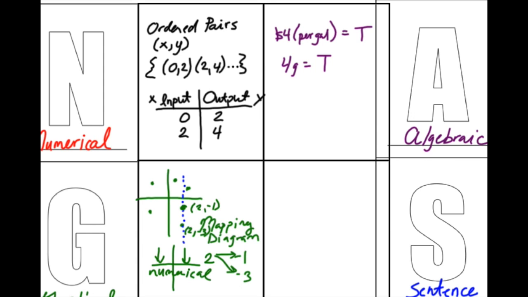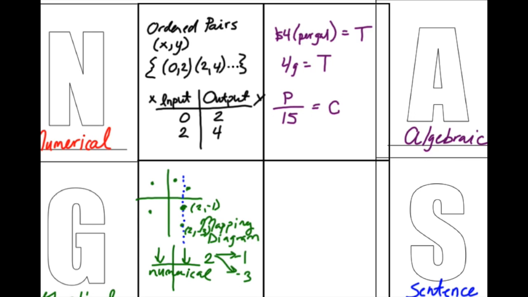Another example, if I have pieces of candy in a bag, and I want to know how much candy each person will get if there's 15 people, I want to divide that candy evenly into 15, and then I'm going to know how many pieces of candy each person gets.